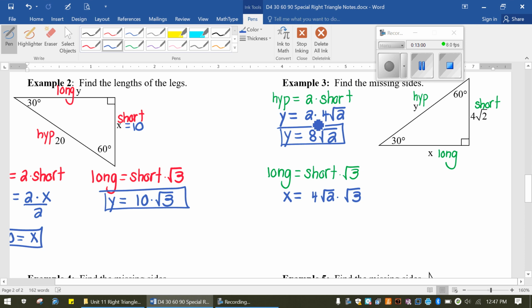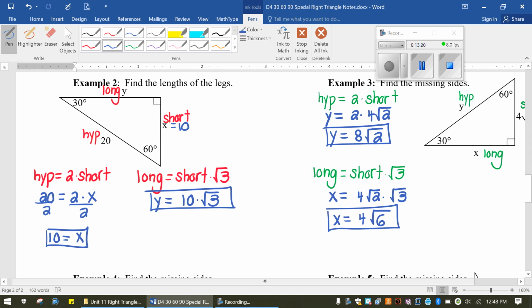So in the hypotenuse, we had 2 times 4 on the outside. Those got multiplied together. For the long leg, you're going to multiply the radicals together. So this is 4 root 6. There's no perfect square factor that goes into 6, so this one is done. Okay, let's move down to example number 4.